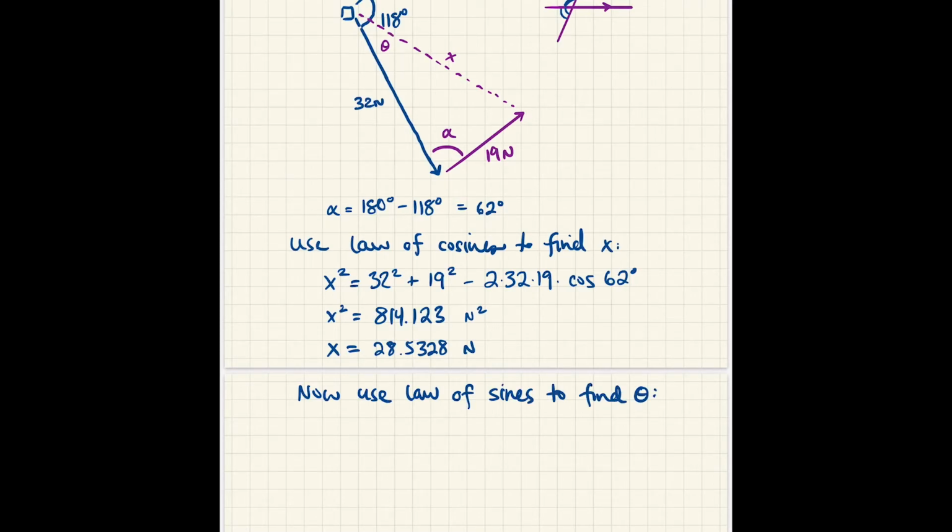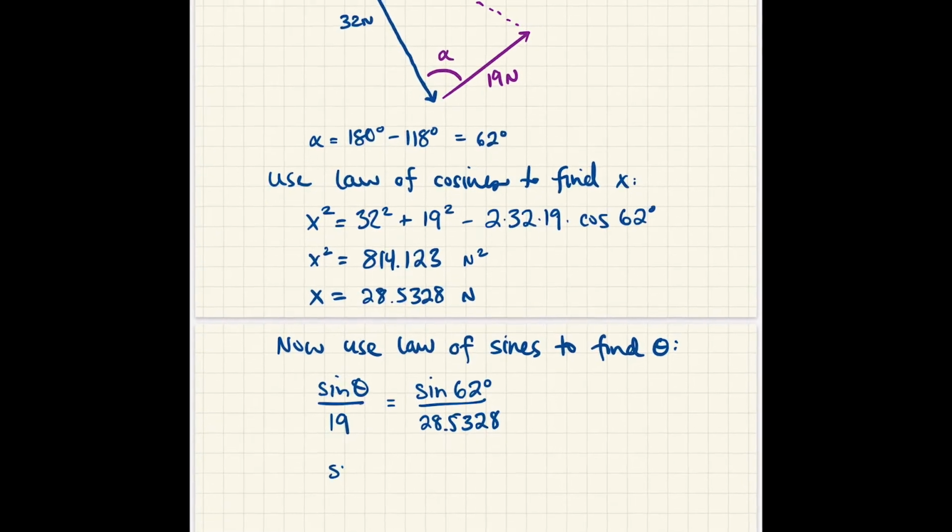We can see from our diagram that sine of theta divided by its opposite side, which would be 19 newtons, I'll leave the units off, is equal to sine of alpha, that's 62 degrees, divided by x, which is 28.5328 newtons.